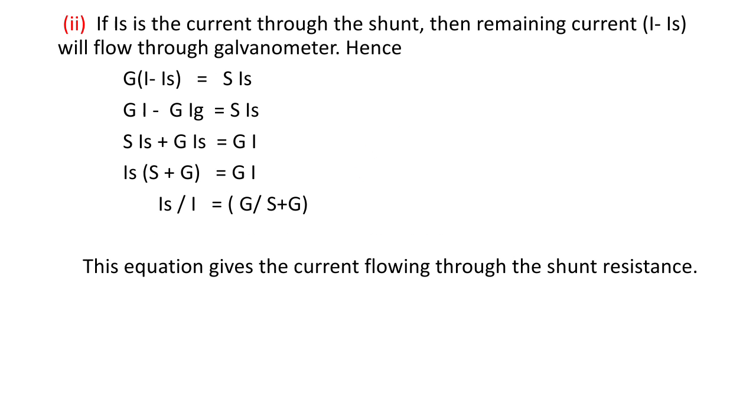Now, the second case: Is is the current through the shunt, and the remaining current I minus Is will flow through the galvanometer. Therefore, the potential difference across G is equal to the potential difference across S. So the remaining current is I minus Is.